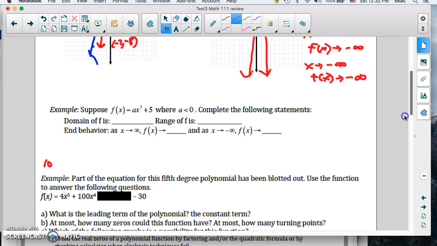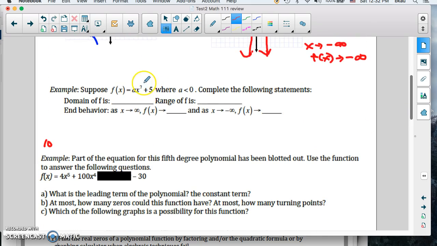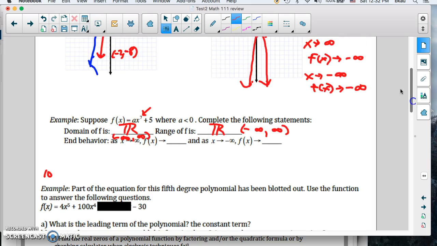All right. The next thing it says, here's our cubic. So this is like a cubic. So the domain is all real numbers, and the range is all real numbers, or negative infinity to positive infinity. Now, if it's an even powered one, then your range is going to be restricted.